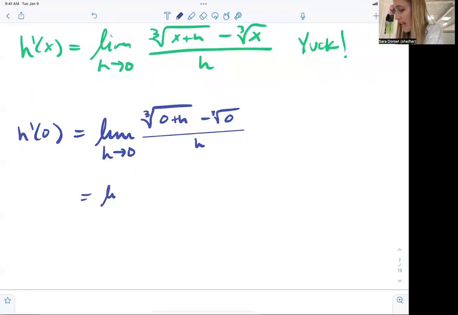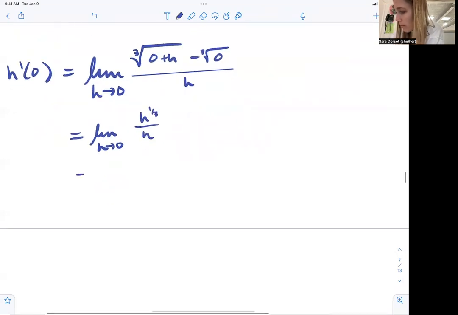So that would be h to the 1/3 over h, which would be 1 over h to the 2/3.